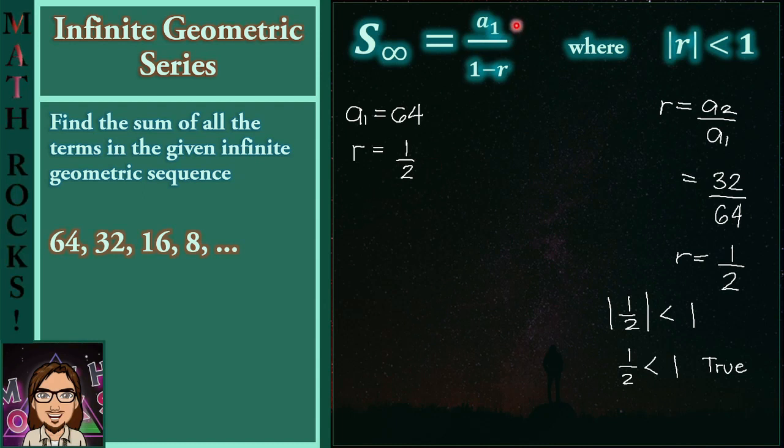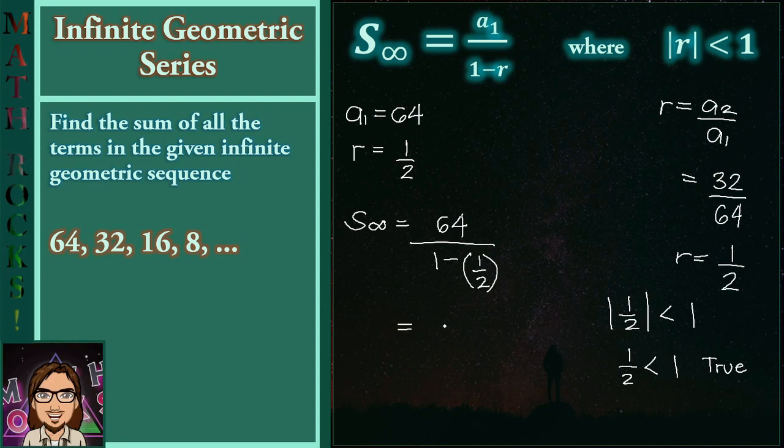So we have our a sub 1 be equal to 64, and we have our common ratio be equal to 1/2. So now let us start with the denominator. So here, 1 minus 1/2 is 1/2, and applying our knowledge on dividing this kind of numbers, then we must first write the numerator as it is, and we multiply the reciprocal of the denominator.